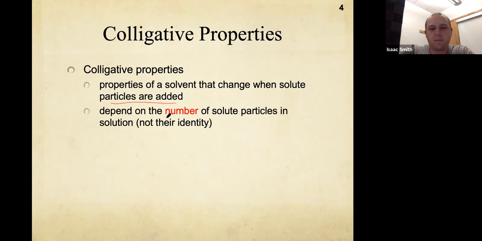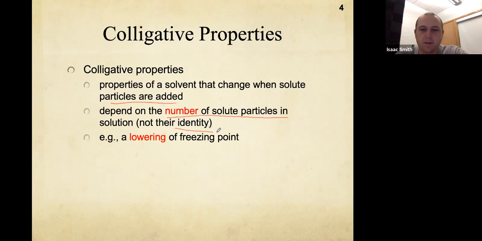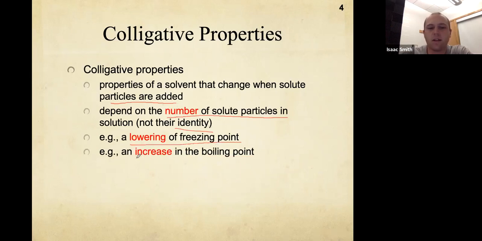And these properties depend on the number of solute particles. That's it, just the number. It doesn't matter what the solute particles are. As an example, adding salt or any kind of solute to water is going to lower the freezing point and it's going to increase the boiling point.